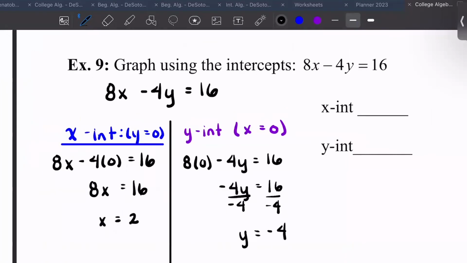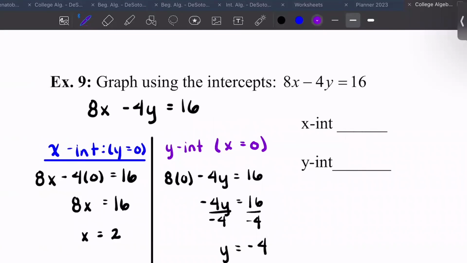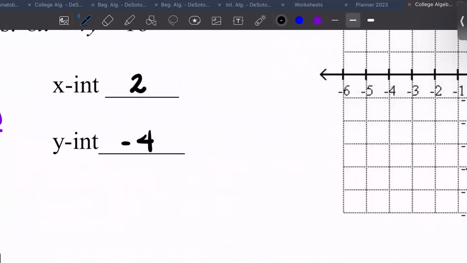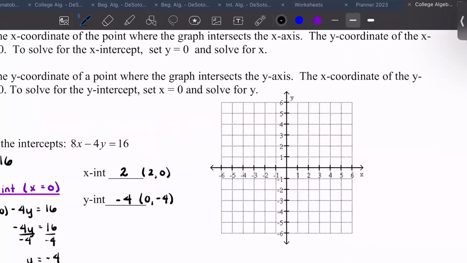Now, you have an x-intercept and a y-intercept. Your x-intercept is 2. Your y-intercept is negative 4. You are not going to plot the point 2, negative 4. You're going to plot (2, 0) and (0, -4). These two points need to be on the axes.